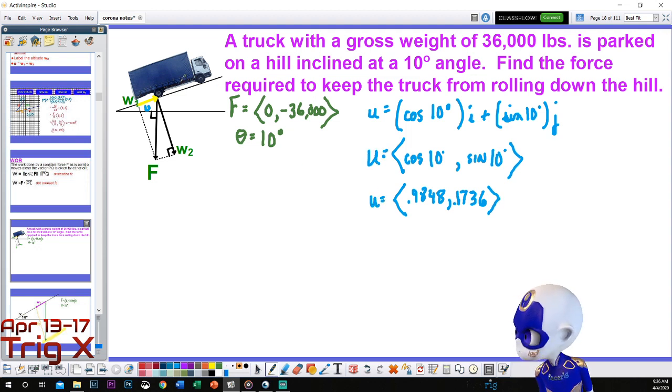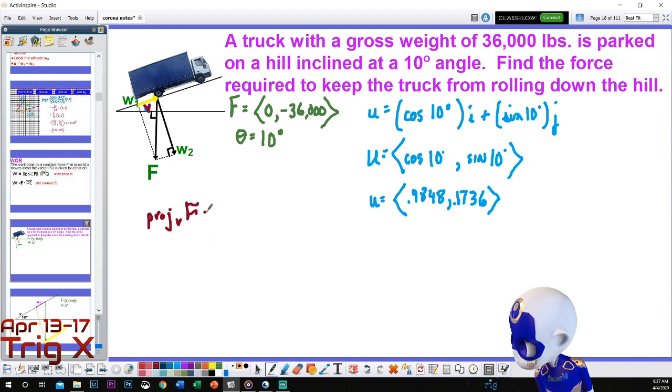Now I know that's being multiplied by a scalar of how big that truck is, so I need to figure out how much force that truck is pulling back downhill. In order to do that, I'm going to use that same magical formula that I just did with the projection of the force of the truck onto my vector. This one, onto vector v.